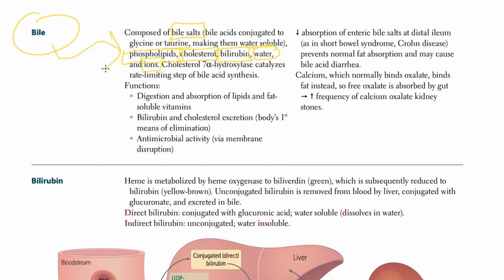Cholesterol 7 alpha hydroxylase catalyzes the rate limiting step of bile acid synthesis. The bile acid synthesis is done by the 7 alpha hydroxylase. How? Let me show you how.